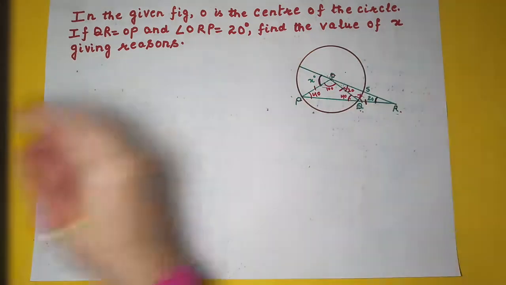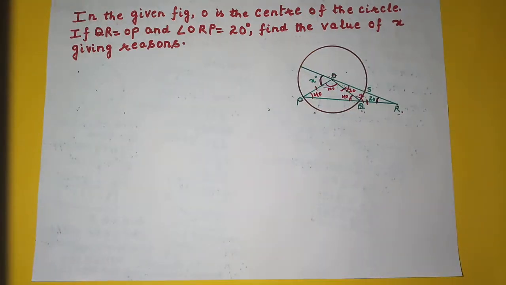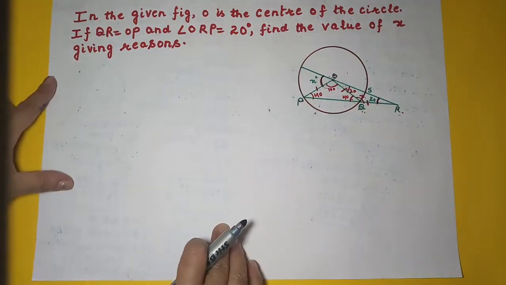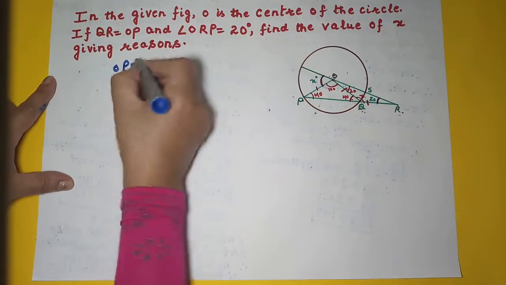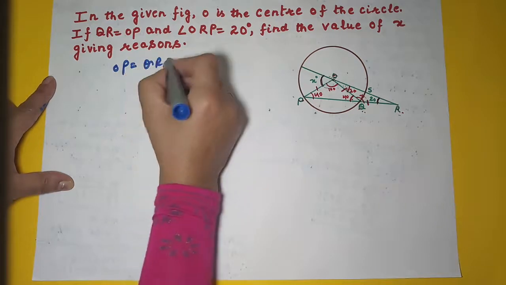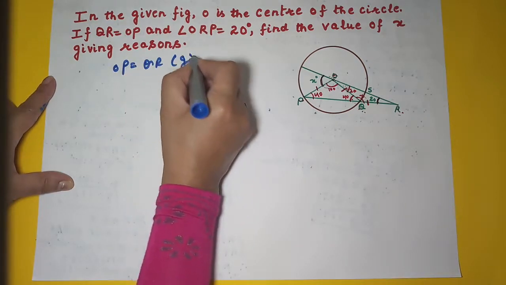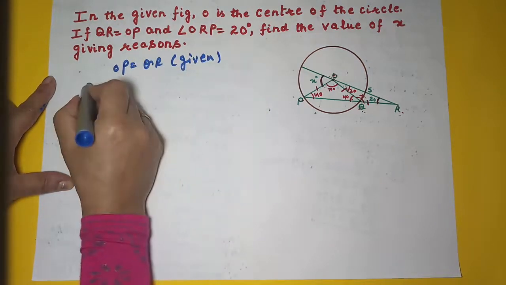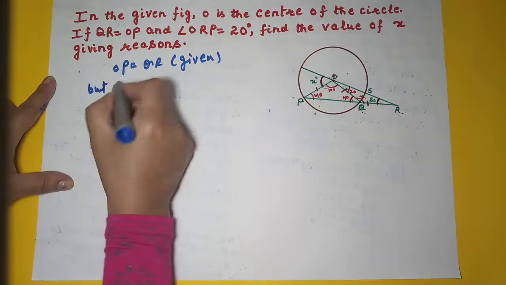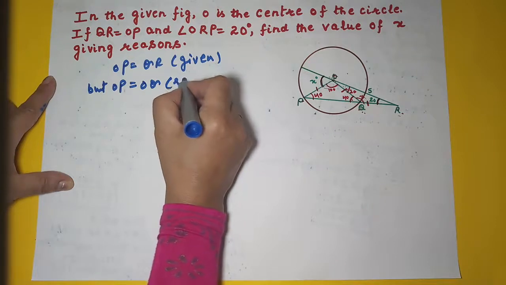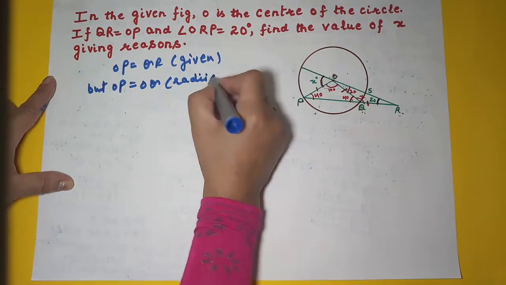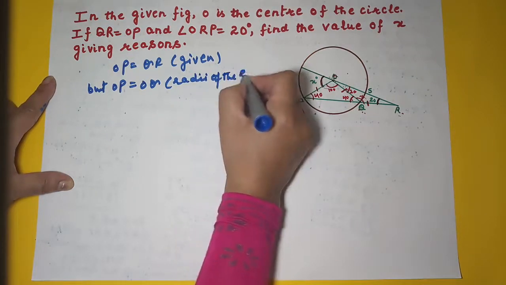Clear? Okay, let's now proceed to write. So what we will write is that OP is equal to QR, right? This is given. But you can write OP is also equal to OQ. Why? Because it is radii of the same circle.